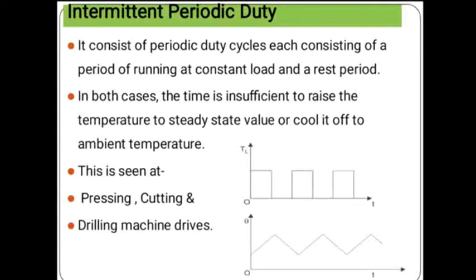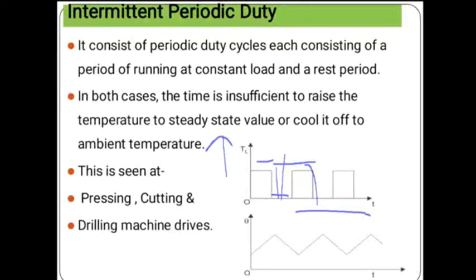For intermittent periodic duty, you can observe in this graph that the motor is operated for some time and then goes to rest, and this is the rest period. After some time the motor operates again and goes to a rest period.